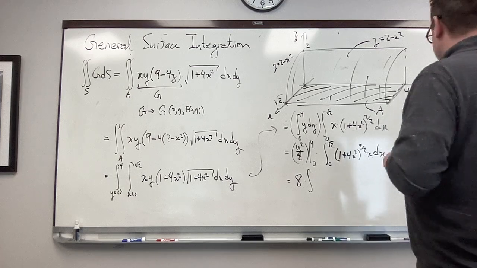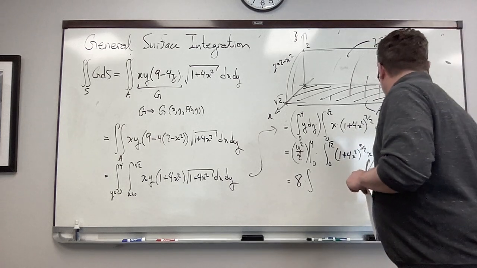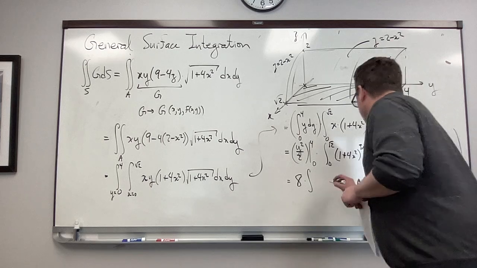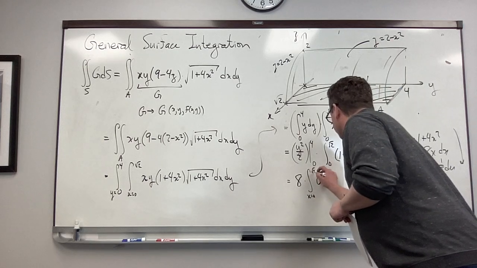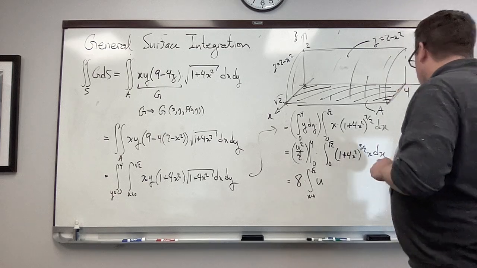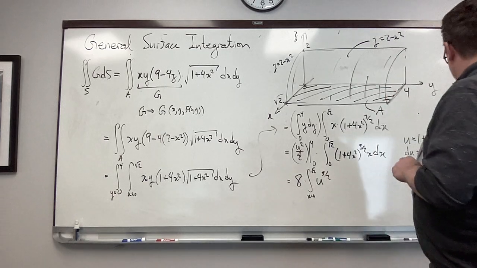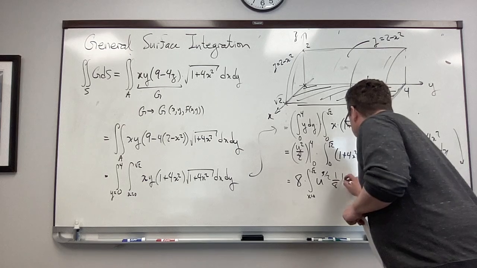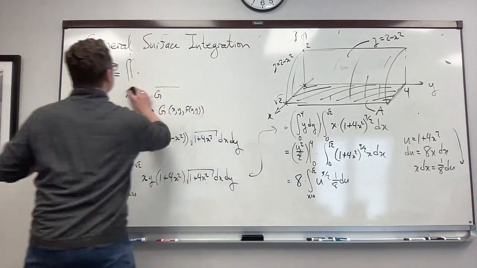But it's a choice. Okay, so I'm just going to say here, I've got u, so I'm going to leave x equals 0 to root 2. I've got u to the 3 over 2, and I've got x dx, I've got 1 over 8 du. Okay, let's just go slow.